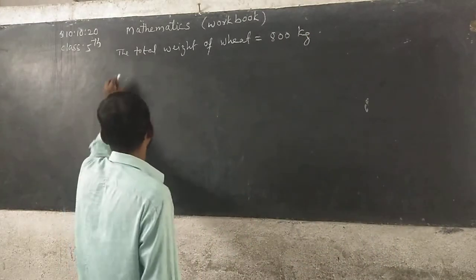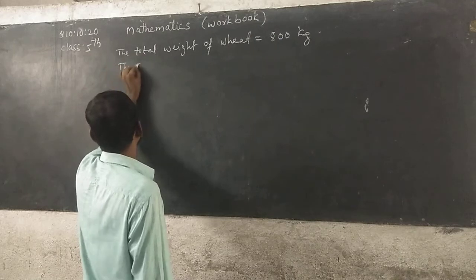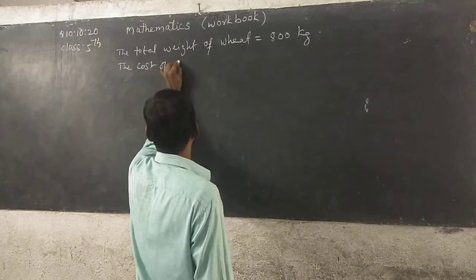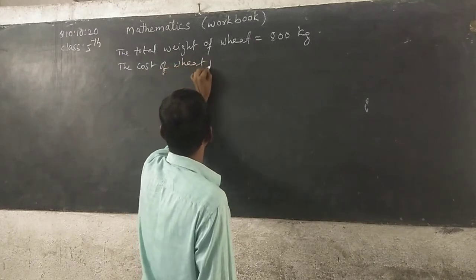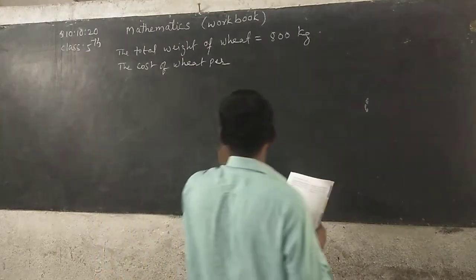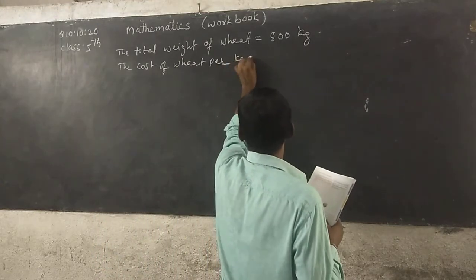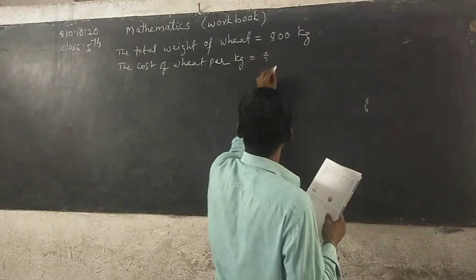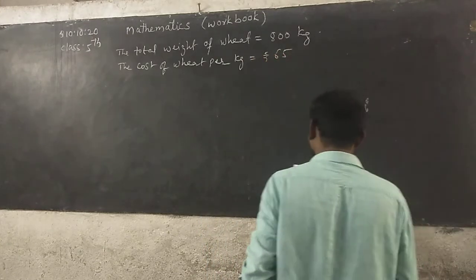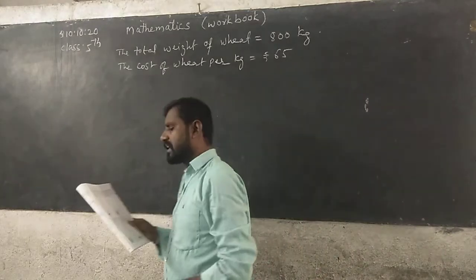The cost of wheat per kg is equal to 65 rupees. What is the cost of 800 kg wheat?